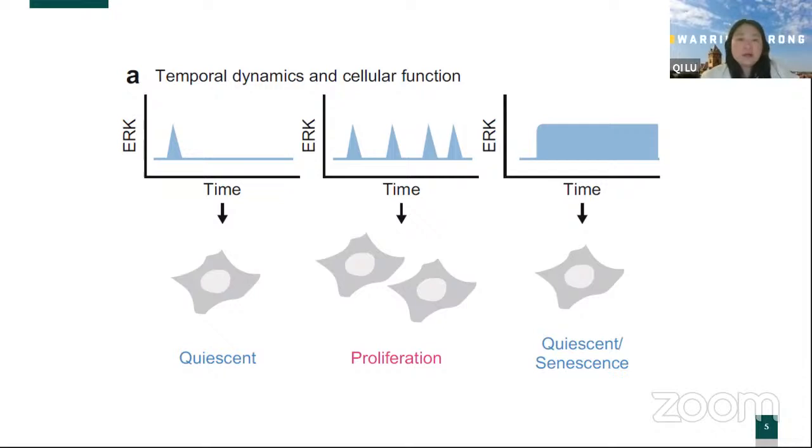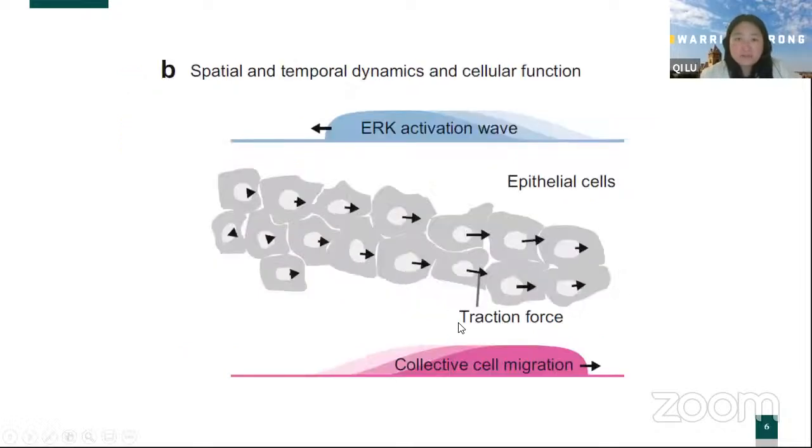Here, first, they use some molecular tools. Without light, without the ERK signal, the cell response will be quiescent. With pulse stimulation of the ERK signal, it will cause the cells to proliferate. But if the ERK signal is continuous, the cells become inhibited and transient again, and stay in their cell condition without proliferation.